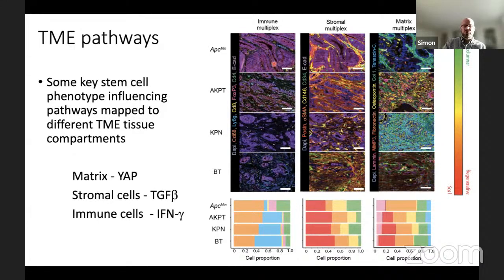So depending on the genotype of the mouse, the stromal, immune, and matrix populations of cells were actually different. So there are genotype-specific differences in immune and microenvironmental remodeling. And what we were quite interested in, given the pathways that we identified, is that matrix is mostly responsible for YAP, stromal cells are mostly responsible for TGF-beta, and the immune cells are mostly responsible for interferon gamma.